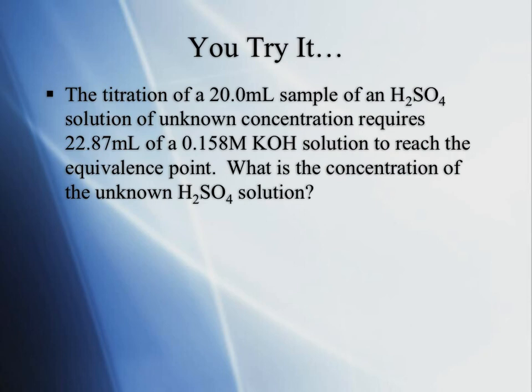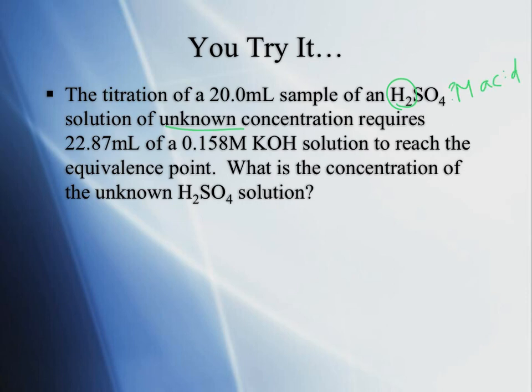All right, so here's one for you to try, and this is our last slide, so we made it to the end. This one says the titration of a 20 milliliter sample of H2SO4 solution of an unknown concentration. Here it's an acid because it's got the H out front, so we need to figure out the molarity of the acid.